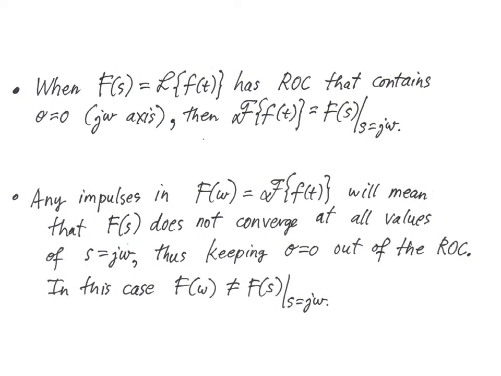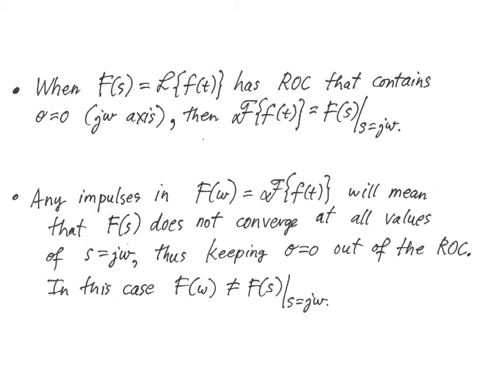However, if the Fourier transform was stretched to its limits by including impulses in order to have the possibility of representing periodic signals or power signals, if that spectrum contains impulses, then the Laplace transform cannot possibly be converging at sigma equals 0.